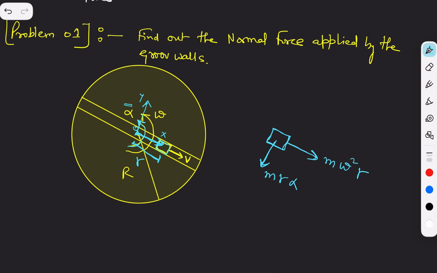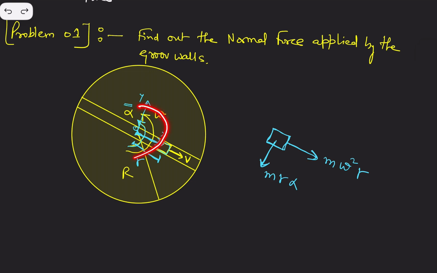Okay, and if you see, guys, the omega cross v rod, if we want to write it, so the omega direction will be, because the disk is moving in the anti-clockwise direction, the direction of the omega will be in the upward direction. And v rod is in this direction.